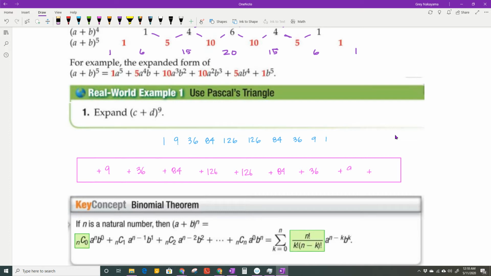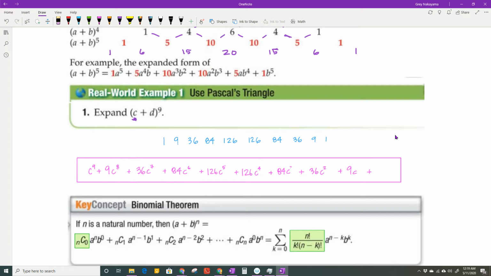Now, you go to the first term, which is c, and it's always going to start off with whatever the exponent is. So it's going to be c to the 9th, and then it goes down by 1 in each term. So c to the 8th, c to the 7th, c to the 6th, 5th, 4th, 3rd, 2nd, c to the 1st.